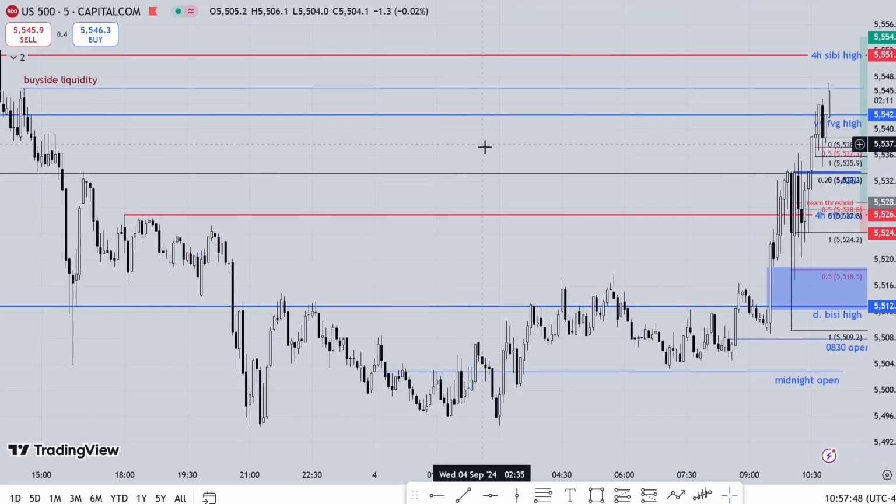So I just choose to use this live trading to illustrate the idea of top-down analysis. How we use the PD arrays from the higher time frames to accurately describe the storyline that goes on in the lower time frame, because the lower time frames are where this manipulation takes place.